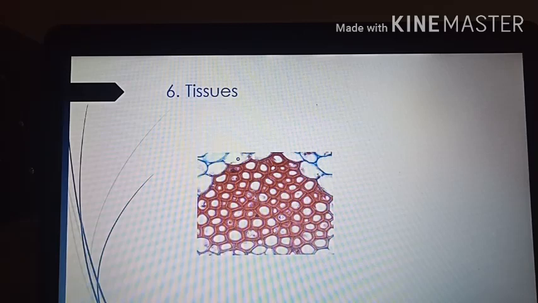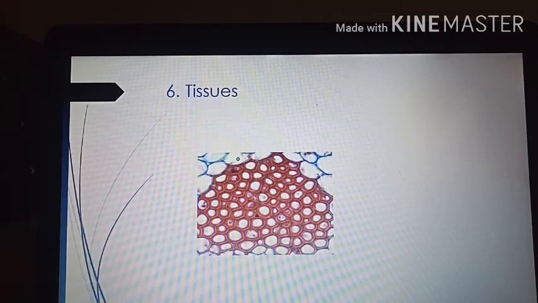In addition, we also learn about complex permanent tissue, structure components of xylem, structural components of phloem, and structure of vascular bundle. We also learn about animal tissue, which are the types of animal tissue, epithelial tissue, connective tissue.